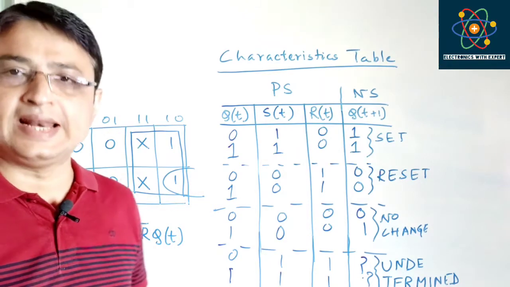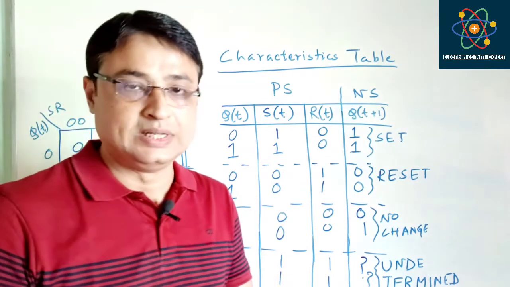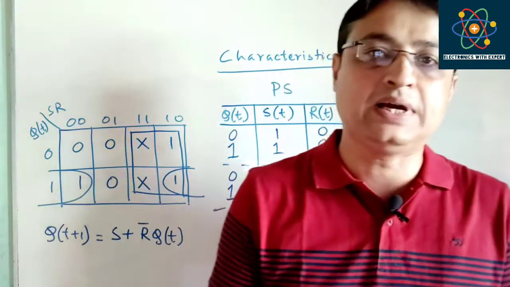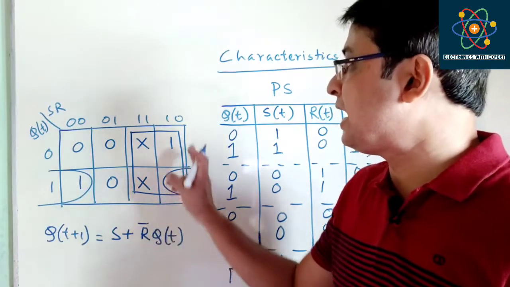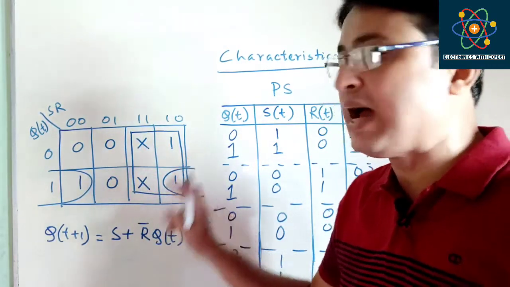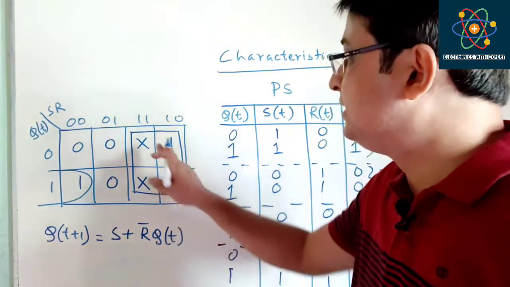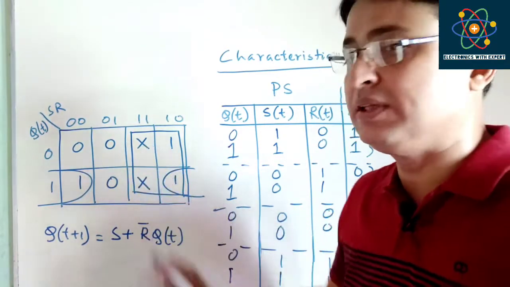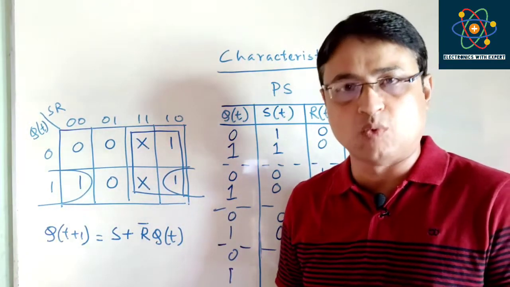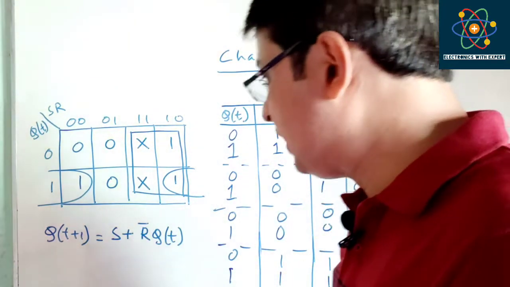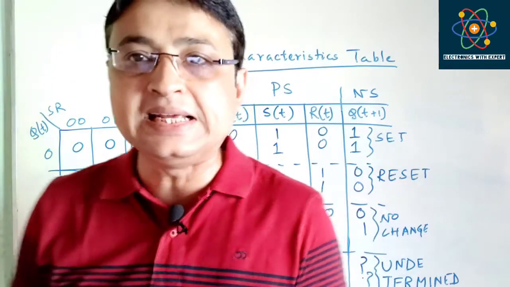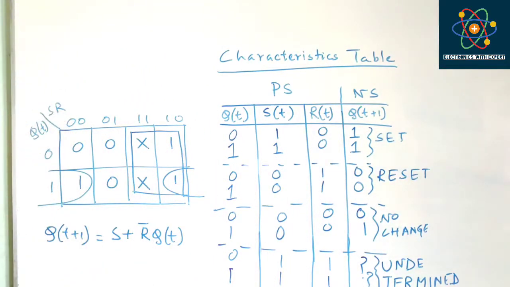So this is the characteristic equation, but no, that's not the end of the characteristic equation, because here whenever I have treated this quad, I have actually taken these undetermined terms, or these don't care terms, equal to 1. So for removing these don't care terms, we have to put an additional condition, that is S and R must be equal to 0.